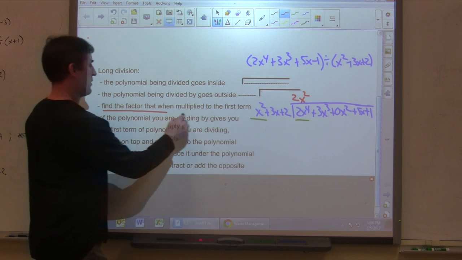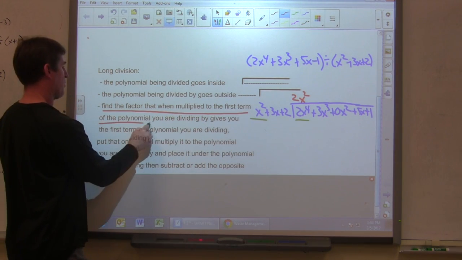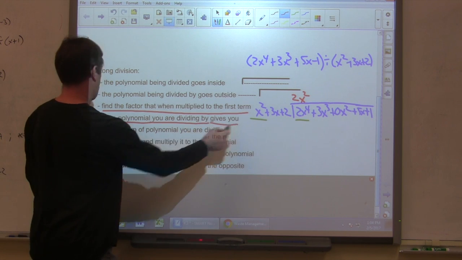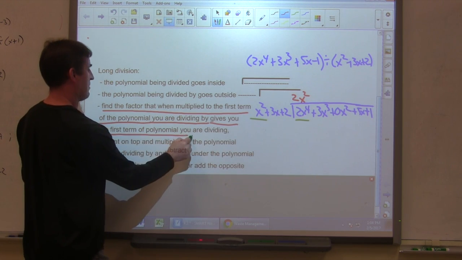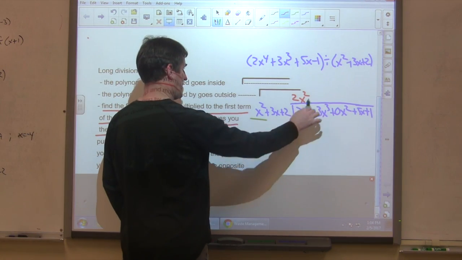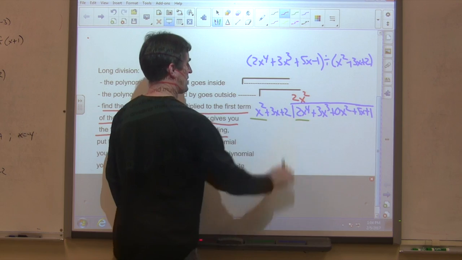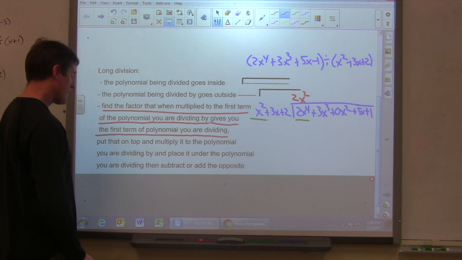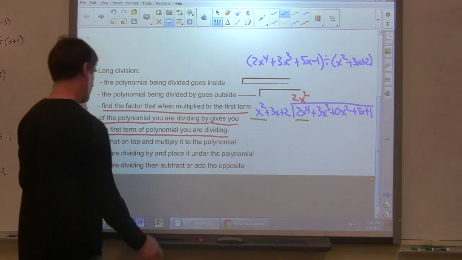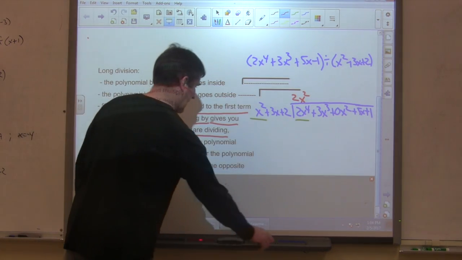Find the factor that when multiplied to the first term of the polynomial you are dividing by gives you the first term of the polynomial you are dividing. So, we found this factor that times x squared gives us this first term here. So we put that on top, which we did, the 2x squared. And now we multiply that.